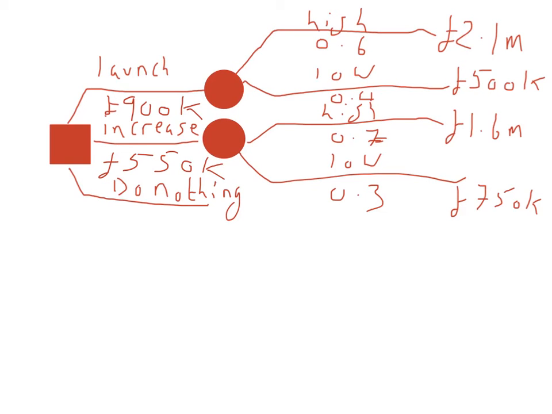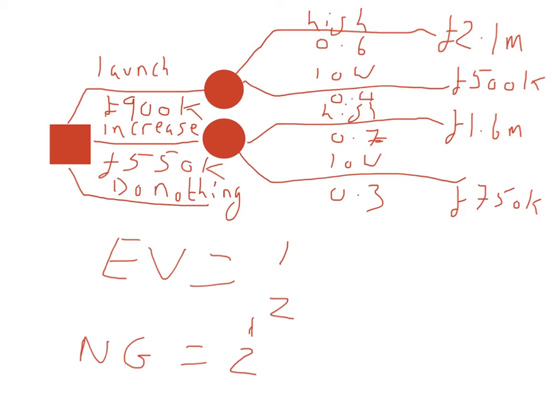So now that you have the information regarding the revenue, the probabilities and the costs, I would like you to have a go at calculating the expected value for both options, 1 and 2, and also the net gain for both options.